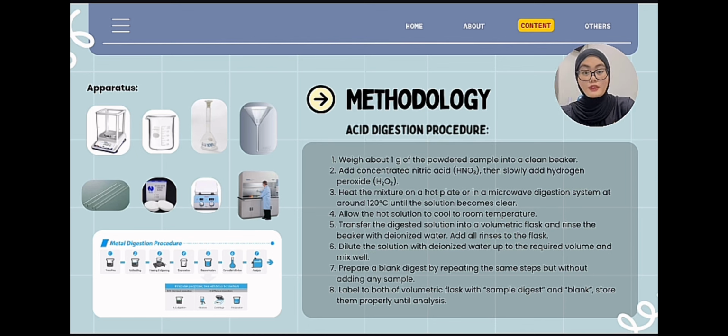Last but not least, we need to label both of the volumetric flasks with the words sample digest for the solution that has the powdered sample, and the word blank for the volumetric flask that has the solution without adding any sample. Then store them properly until analysis.